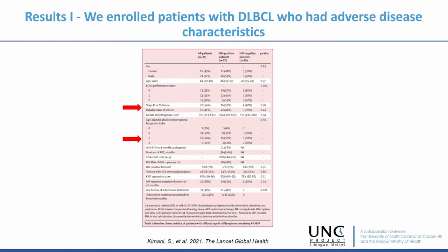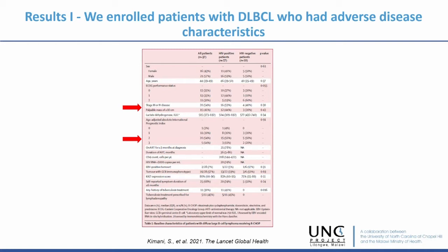In this trial, you can see from this table that we enrolled participants with DLBCL who would be considered to have adverse disease characteristics that typically confer poor outcomes. For example, 73% of patients were HIV positive, 54% had advanced stage disease, and typically stage 3 or stage 4. 41% had bulky palpable disease greater than 10 centimeter, and 68% had an intermediate to high risk IPI score.